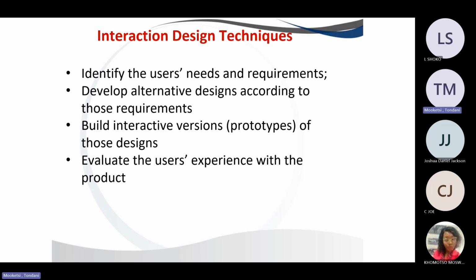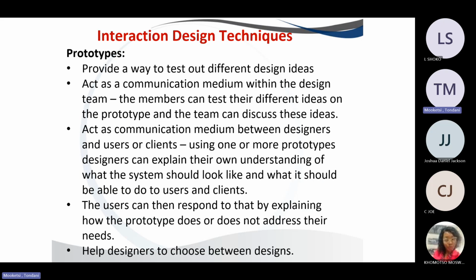They can choose which design they want to go with, and then build interactive versions of the prototype of those designs, and then evaluate the user experience with the product. That is part of the design process.